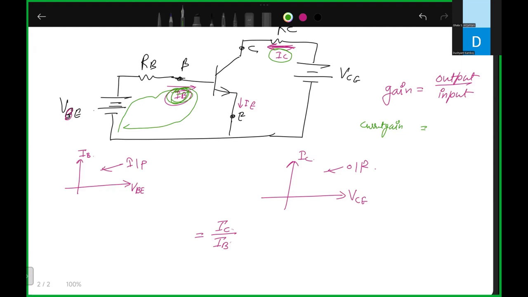Did you understand now? So this current gain is output current upon input current, and that will be represented by beta.